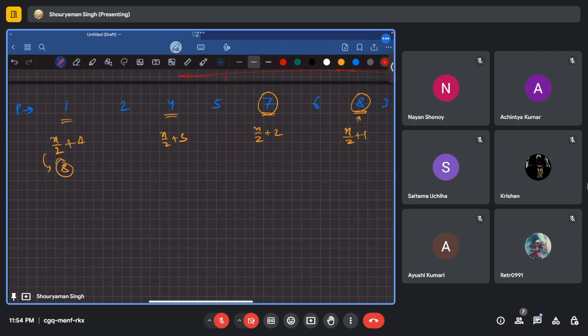नाउ दिस टाइम व्हाट यू डू, कि तुम्हारे पास अब बच गए इवन इंडेक्सिंग वाले एलिमेंट्स। ठीक है, इसमें भी तुम सेम काम करोगे कि जो स्मॉलेस्ट एलिमेंट है उसको लार्जेस्ट पॉसिबल जो नंबर दे सकते हैं, दैट विल बी हियर n/2, वो दे दोगे। उसके बाद जो अगला है उसको n/2 - 1 दे दोगे। उसके बाद जो अगला है, इसको n/2 - 2 दे दोगे, एंड इसको n/2 - 3 दे दोगे। Yes, so this one will be equal to 1.